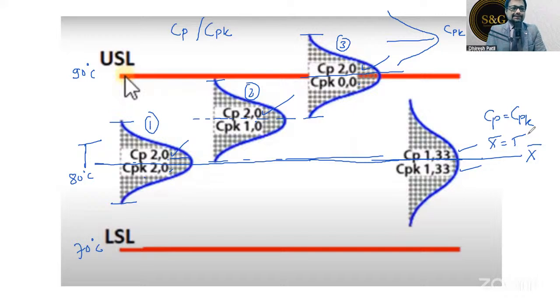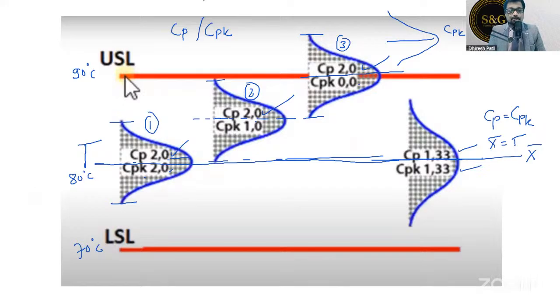Just give me yes. Yes. So when my mean and my target are exactly the same, my Cp equals my Cpk. Rather, I would say Cpk equals my Cp. Okay. Got it? Conceptually got it? Now, along with that, we will do a practical case example in Minitab shortly.